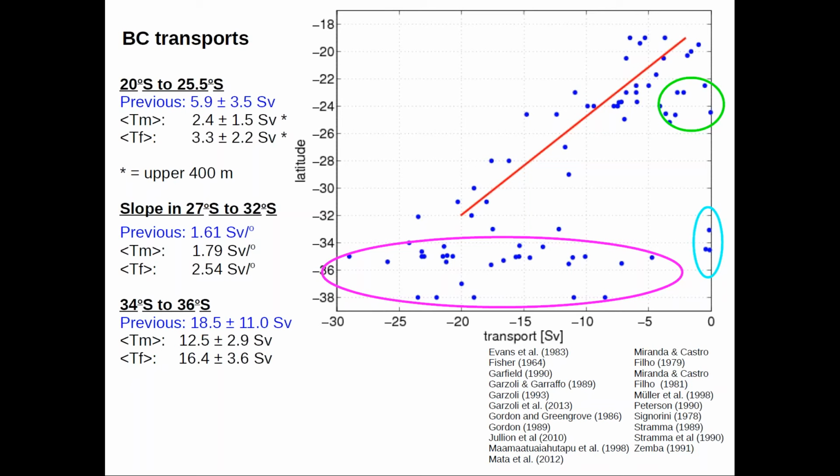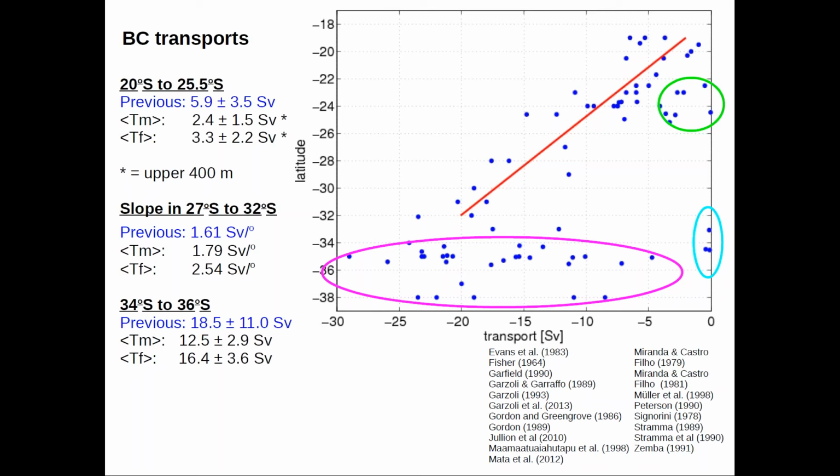And from the new product, if you take the meridional component, it's 2.4. If you take the shelf parallel component, you get 3.3, which is pretty close to previous estimates.